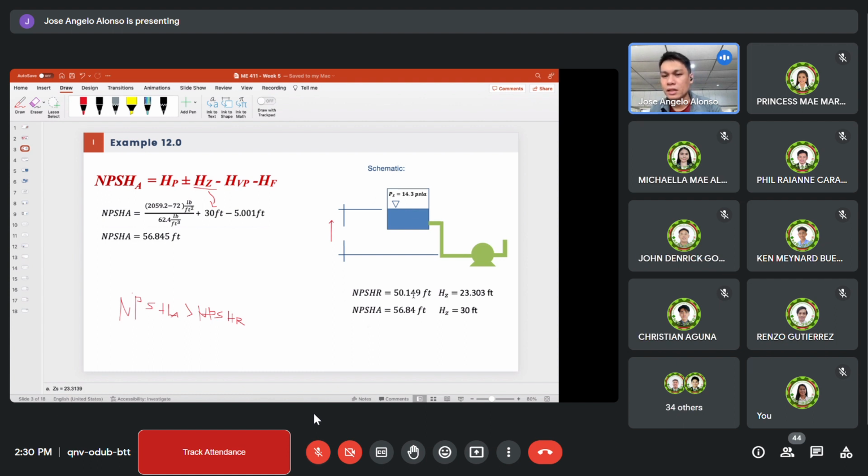Meaning lang nito is that the higher the reserva above the pump center line, the better yung magiging system natin, ma-avoid natin yung cavitation. So yung binigay na elevation na 23.303 feet, ang ibig sabihin doon, siya yung minimum value, hindi na tayo pwedeng lumapit pa or hindi natin pwedeng ibaba yung reserva o yung pump toward each other. Pwede natin siyang palakihin yung distance kasi mas magiging favorable siya sa design or sa system natin.